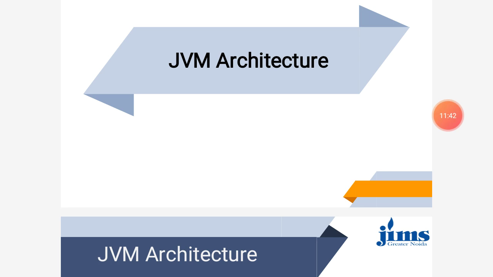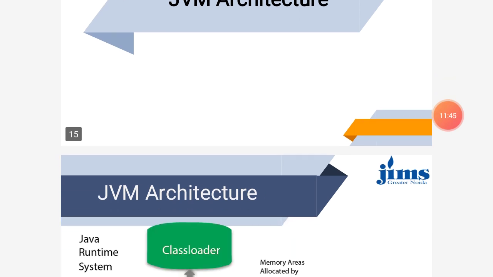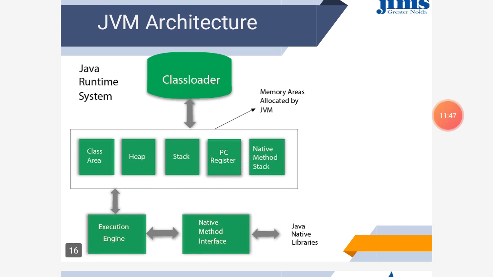To understand JVM architecture, we need to understand how the whole process works. So when JRE is ready for executing bytecode, how does the process start? There is the role of class loader, and class loader uses memory allocation, which is controlled by JVM, and it contains class area, heap, stack, PC register, and native method stack.